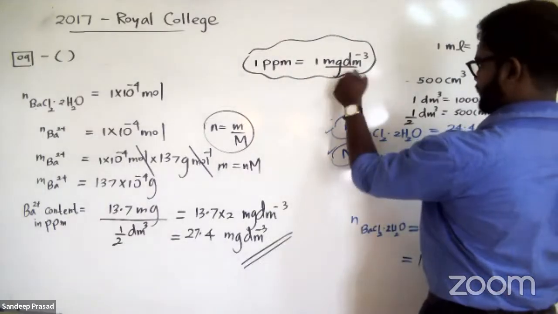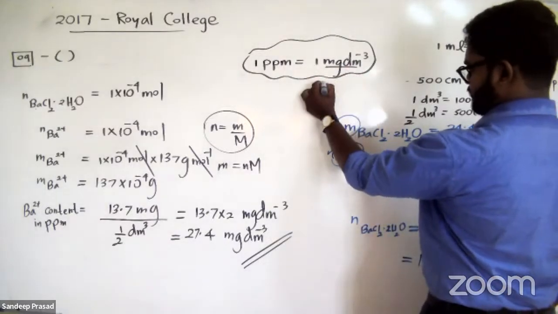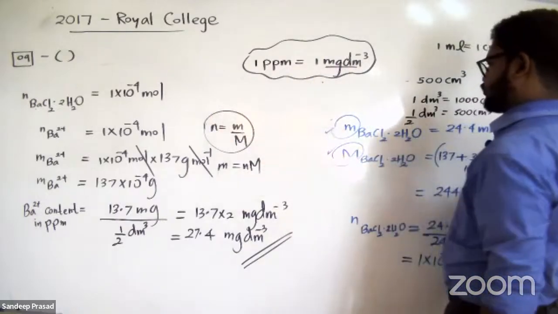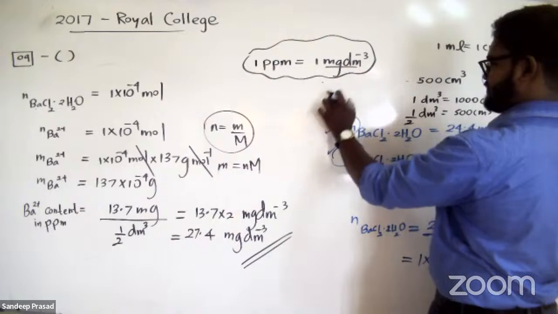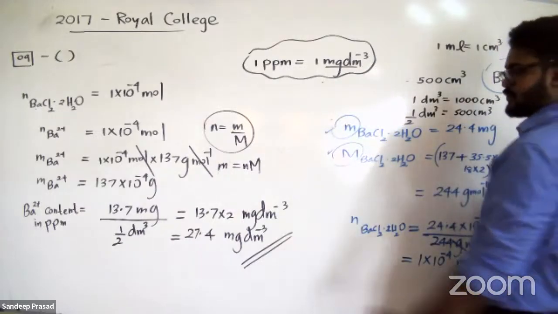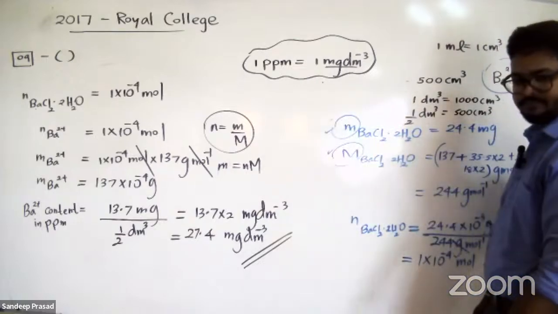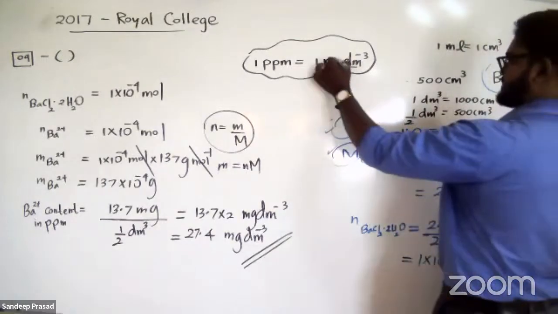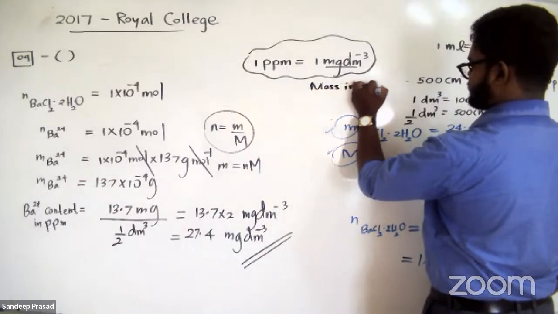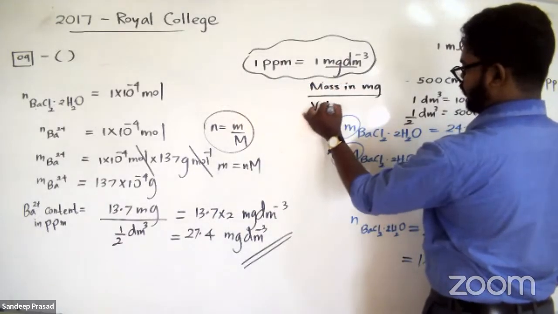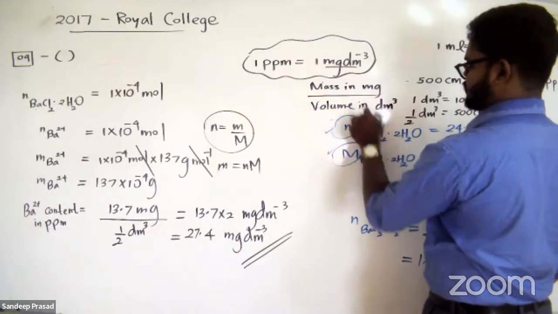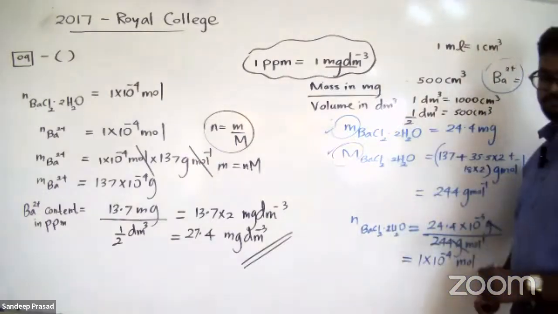So milligrams per cubic decimeter: milligrams means the mass of barium 2 plus, and cubic decimeter is the measurement of volume. So mass divided by the volume, mass in milligrams divided by volume in cubic decimeters, is actually giving ppm.